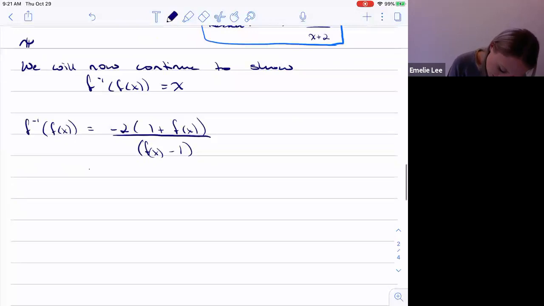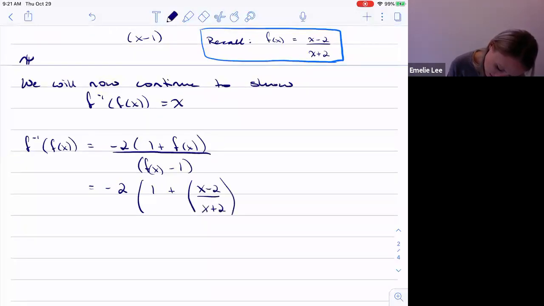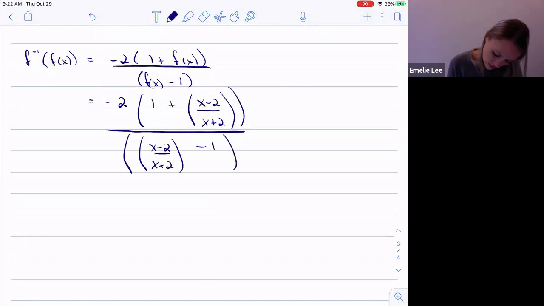So what I'm going to do here is I'm going to have -2 times 1 plus x minus 2 over x plus 2. Just going to use brackets, more brackets than I probably need, just to make sure that everything stays together. Over x minus 2 over x plus 2, sorry, minus 1, that would be a fatal mistake.